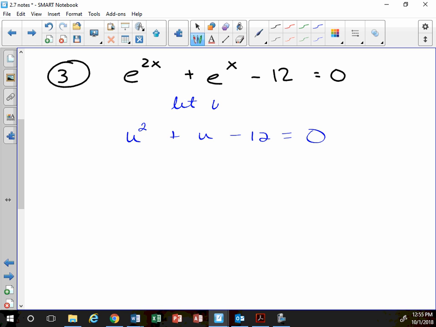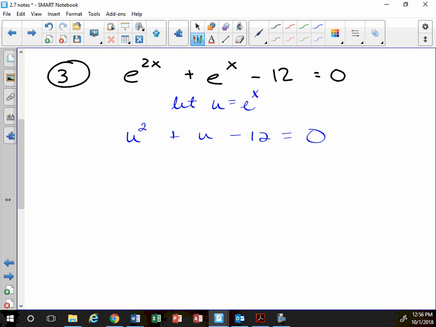I'm saying let u equal e to the x. Some of you will see this and won't need to do the substitution, you'll just understand the factoring, and that's great. We're practicing using u as our substitution because in calculus you're going to do that a lot. You'll hear u substitution over and over. So I'm just going to do it on this problem.